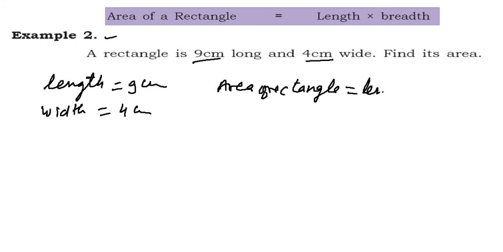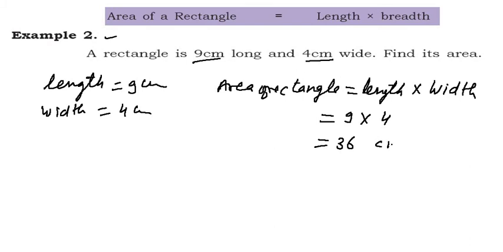The length is 9 and the width is 4, so 9 into 4 is 36 centimeter square. You can write this or square centimeter, any one of them, and that is your answer.